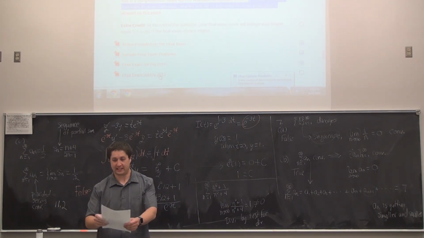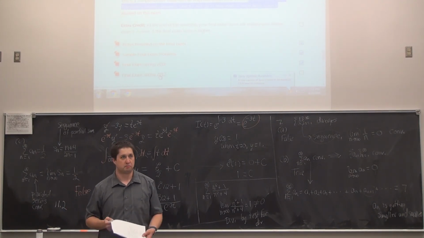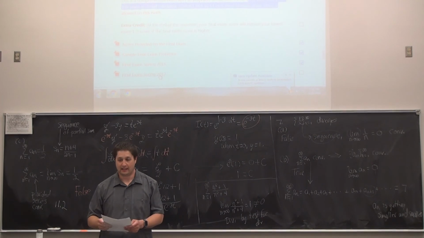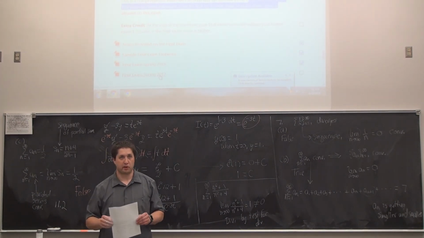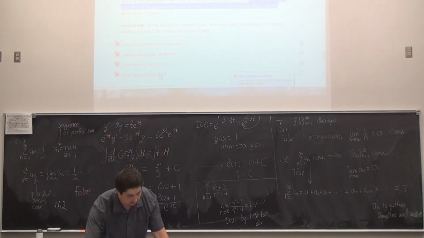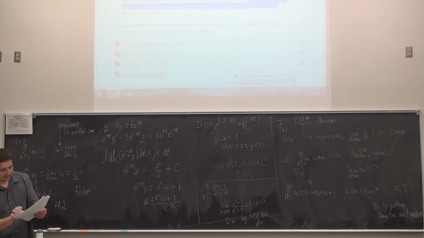Not a lot of people came to office hours. Some people did. But if you are dying to find solutions to some problems, you folks are welcome to take, say, cell phone pictures, things like that, at the end of class. And then once I am near a scanner, I'll be sure to upload these as soon as possible, probably sometime on Friday, so that you can also take a look at those. But this was problem number 10, was that correct?